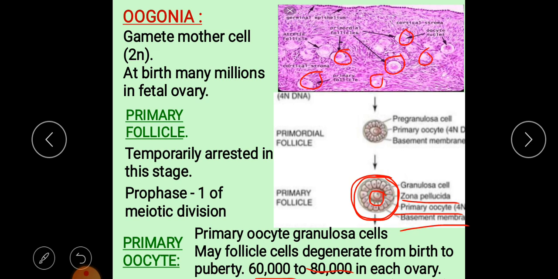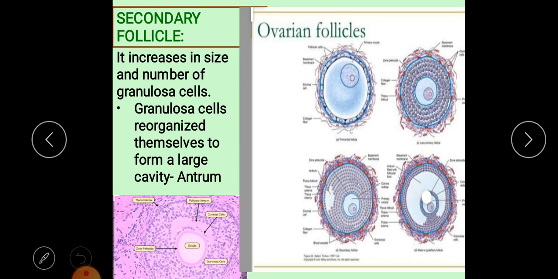In the prophase 1 of this meiotic division, the primary follicle cell is temporarily arrested. This temporarily arrested primary follicle will complete its meiosis 1 division when it reaches puberty, that is, the tertiary follicle stage, at the maturation stage. Got that?